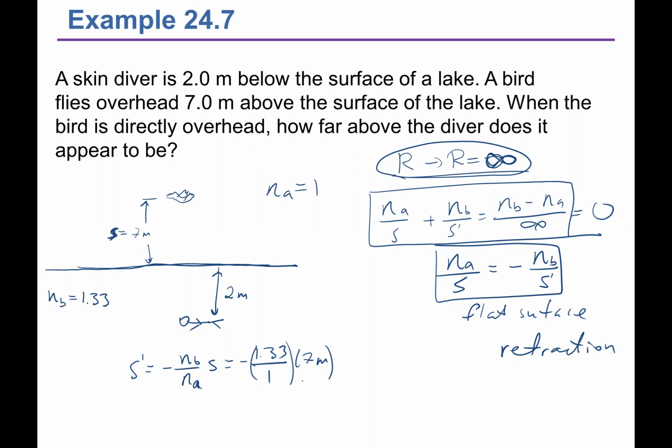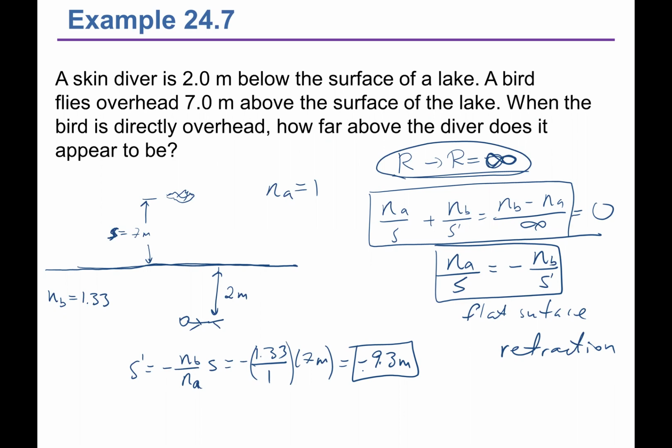All right. So if I calculate, what I'm going to get here is negative 9.3 meters. That means the distance to the image is 9.3 meters, and it's negative means it's on the same side as the object, right? That means it's in front of that surface.